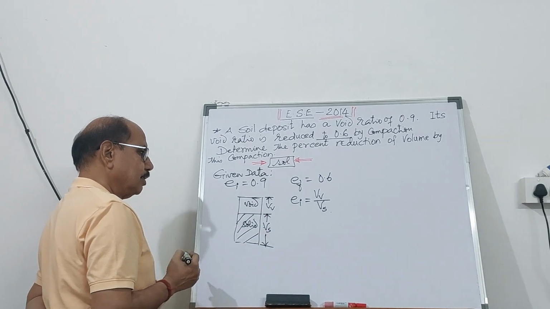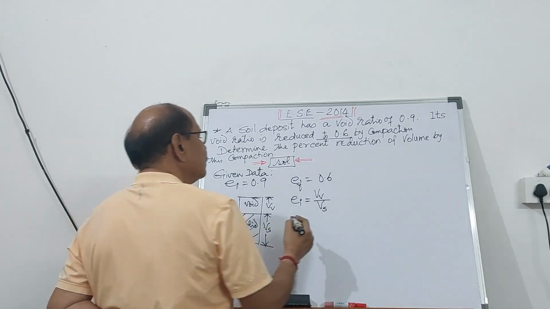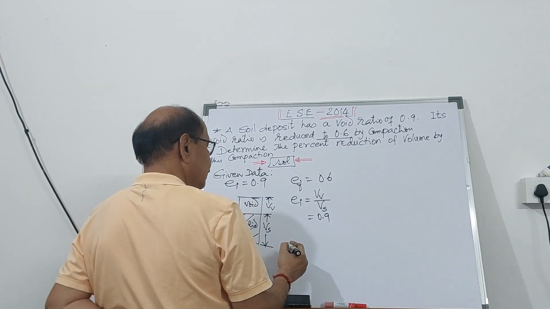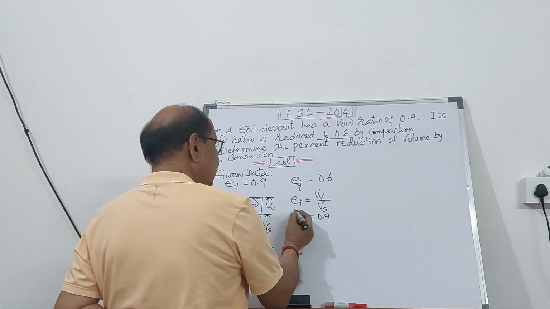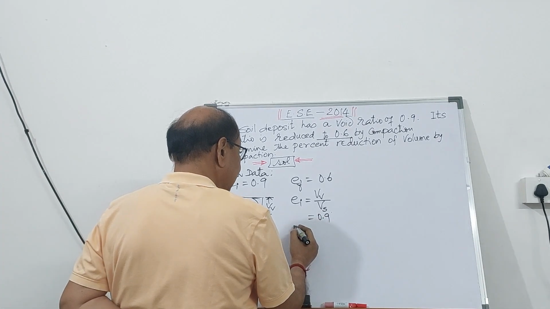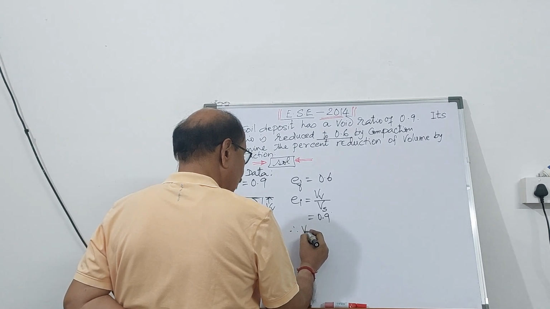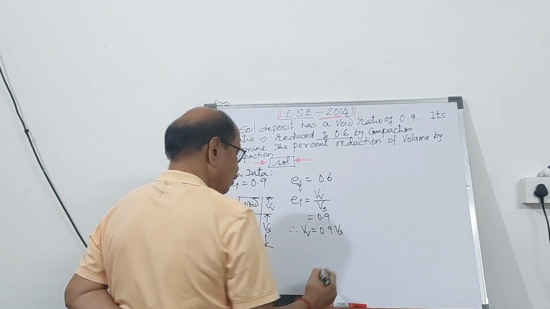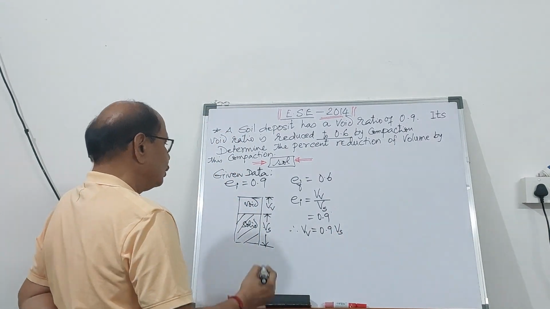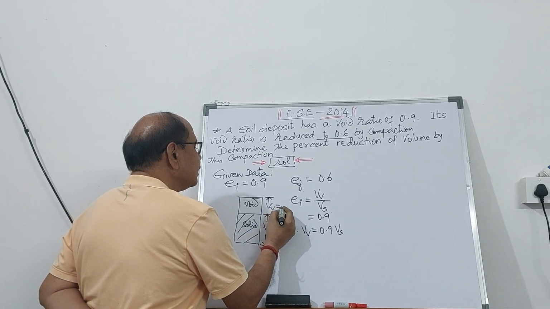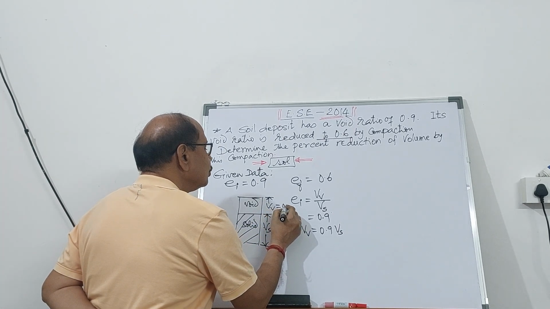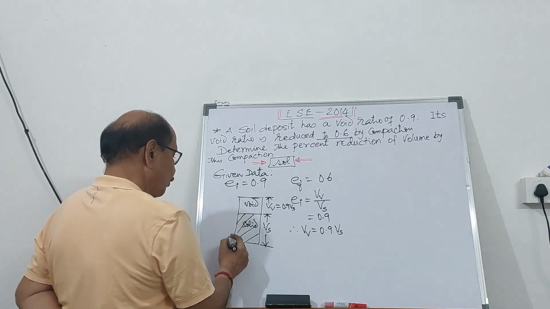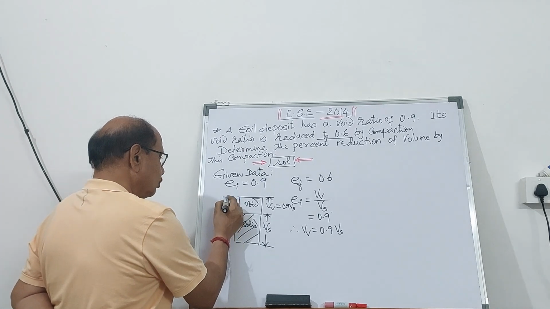So you can show it like this. So this is equal to 0.9. So e_i is given to you as 0.9. Therefore, volume of void becomes 0.9 times Vs. Therefore, the total volume you can find out.